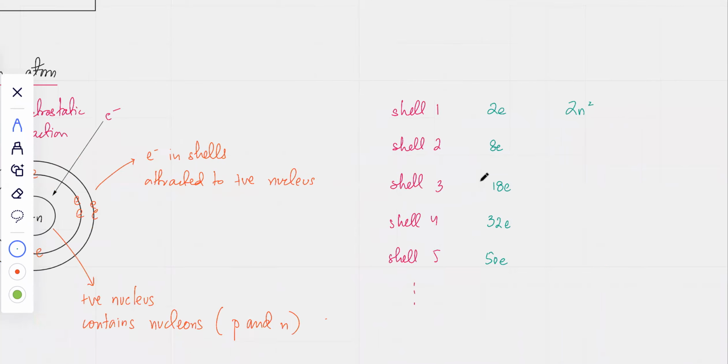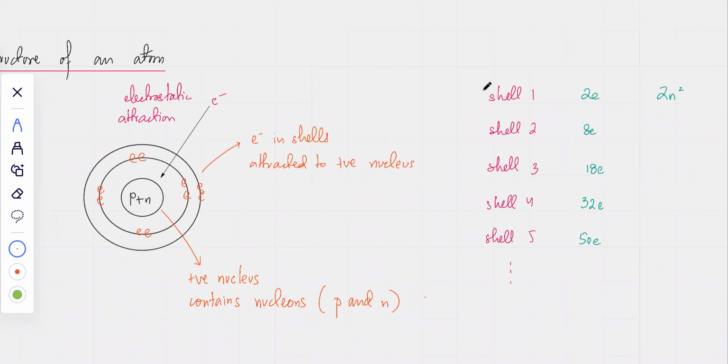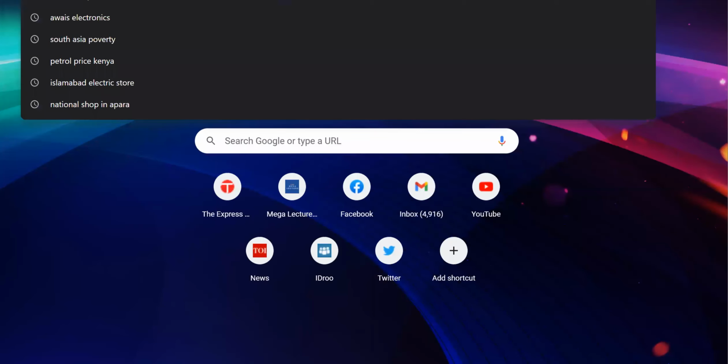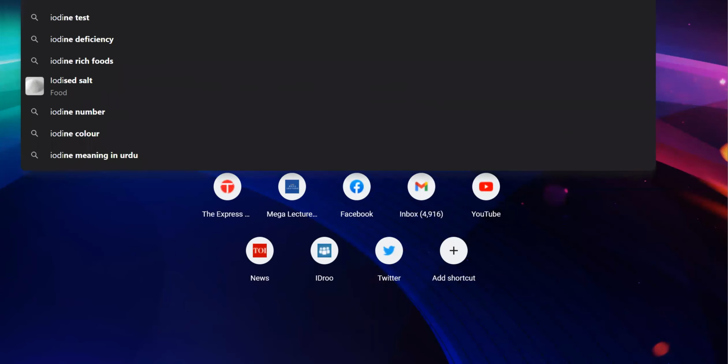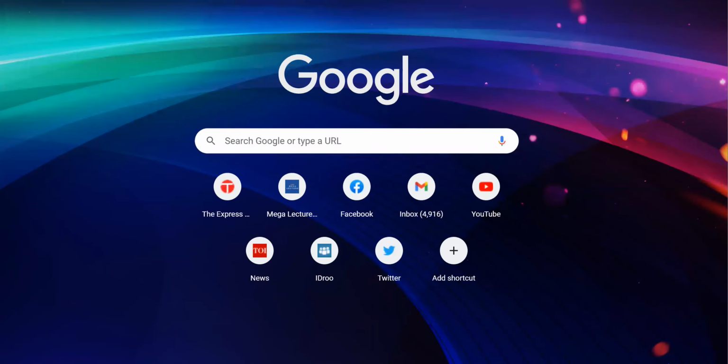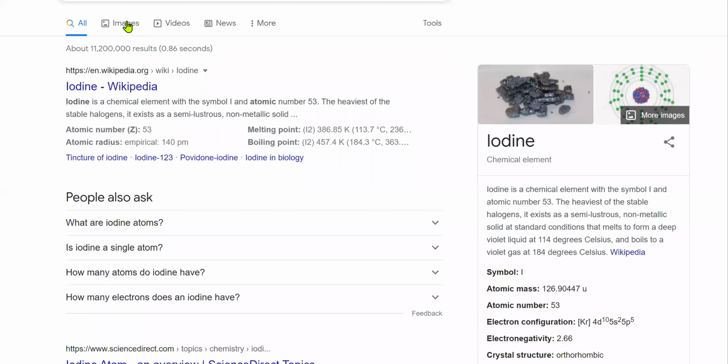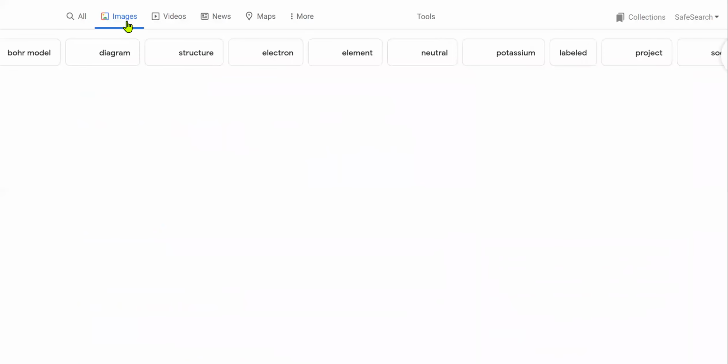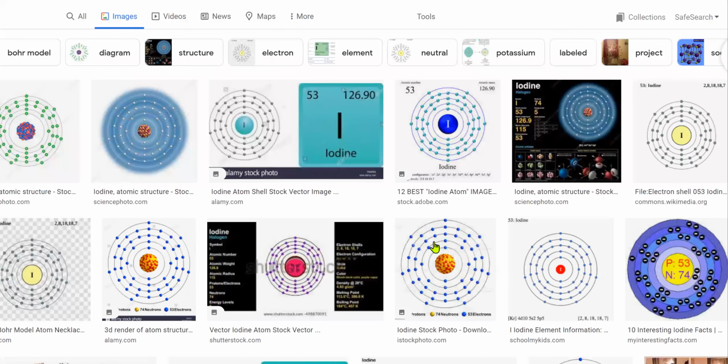So as you move further away from the nucleus, I'm just going to copy one atom. Let's copy an iodine atom.